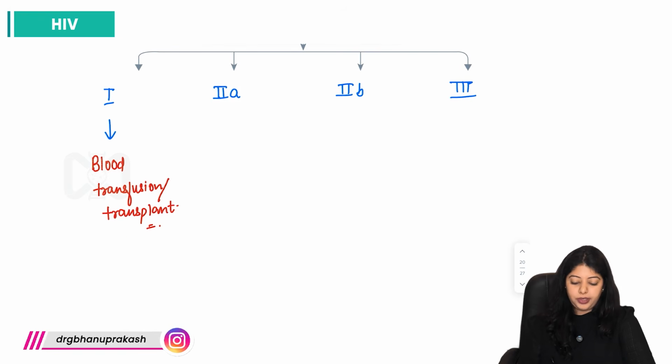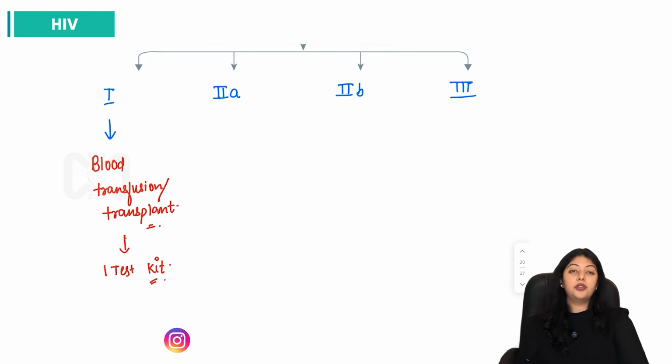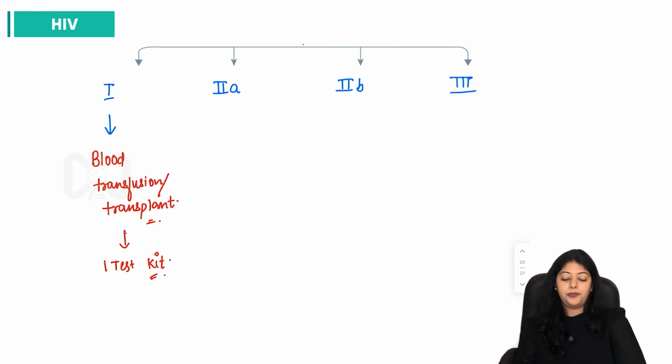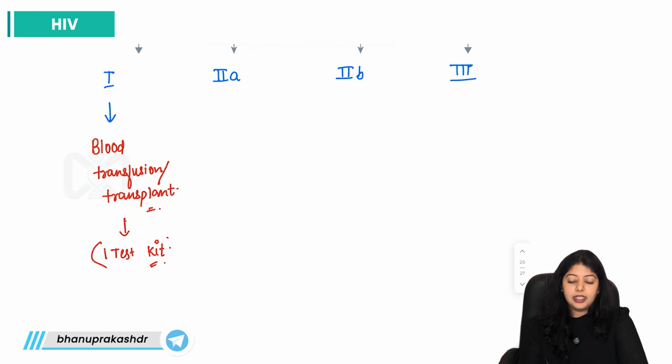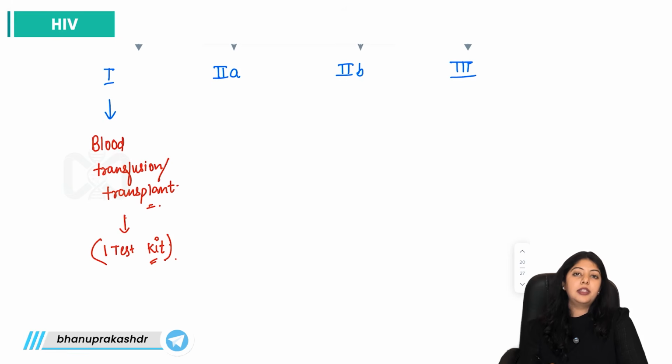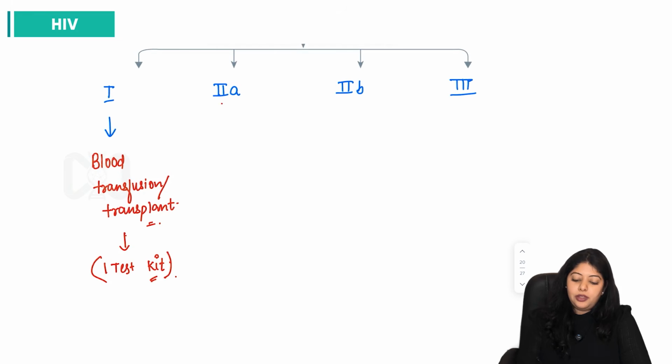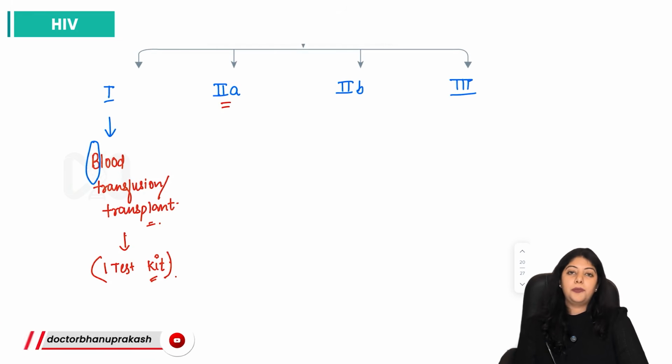So we use only one test kit, majorly used in blood banks and peripheral centers. So only one test kit is used, and if this test kit says it's a reactive result, then we discard the blood bag or any transfusion material, right? So first letter of the mnemonic B has been used.